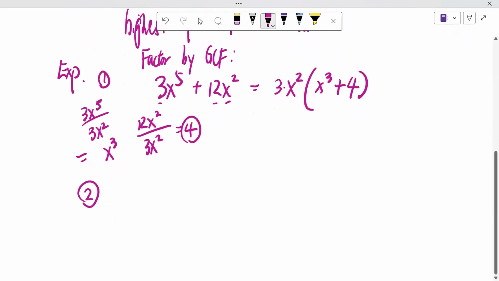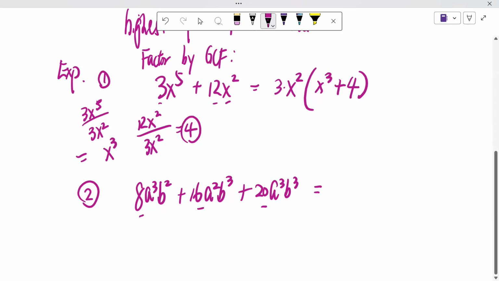Let's look at more. Let's say that's 3 terms: 8a cubed b squared plus 16a squared b cubed, and then add 20a cubed b cubed. Again, we're going to look for the GCF first. For 8, 16 and 20, 4 goes into all of them.